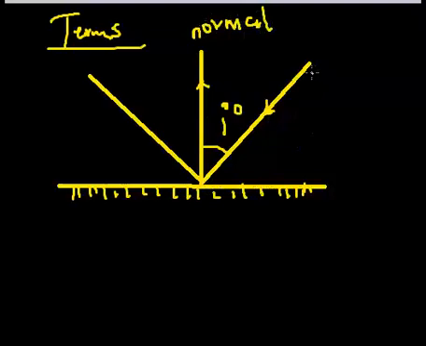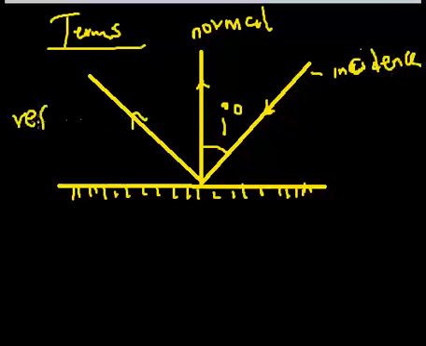This is the incidence ray, and of course this is the reflected ray. The angle that the reflected ray makes with the same normal, but the normal doesn't have an arrow, is called the angle of reflection.